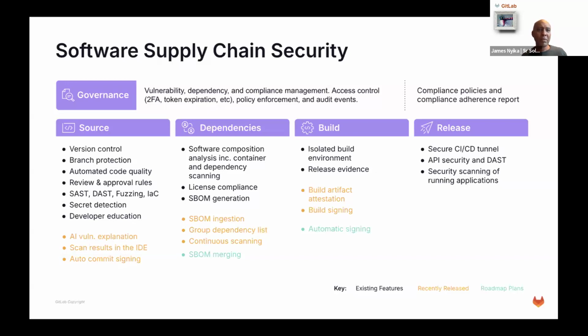API security, this dynamic application security testing, and being able to actually scan running applications, right? So it's one thing to scan and get vulnerabilities on static code and libraries. It's a whole other thing to kind of detect broken paths within running applications.